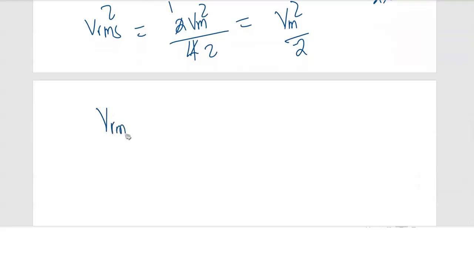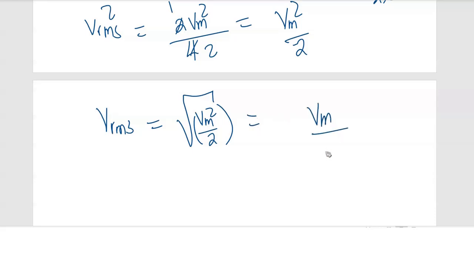What does that mean? That the root mean square value of a full-wave rectifier will be the square root of Vm squared divided by 2, and this gives you Vm divided by square root of 2.